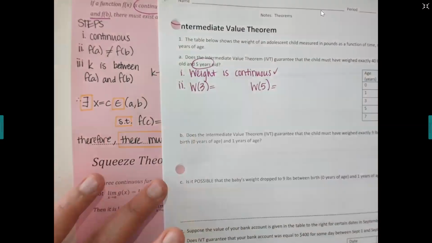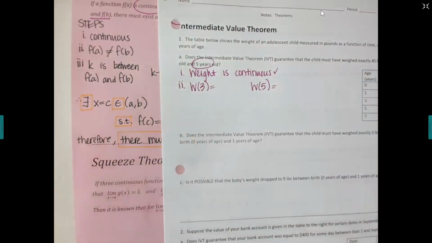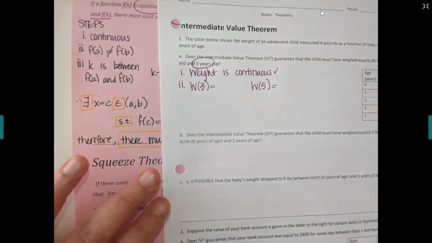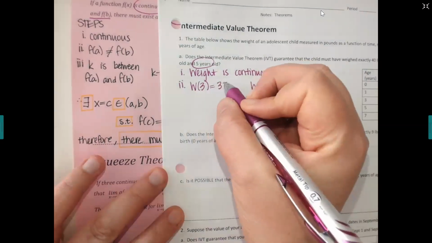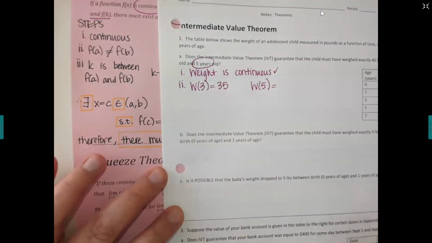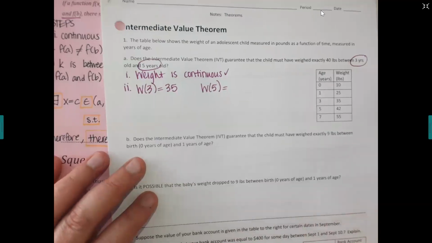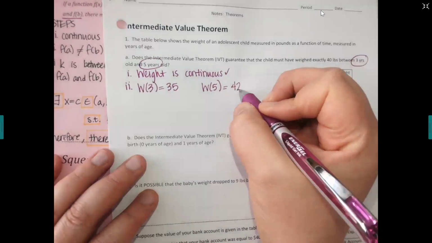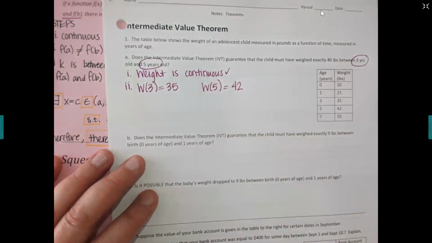And remember, my goal in this step is to make sure they can't be the same. So can you tell me from the chart, how much does baby boy weigh at 3 years old? 35 pounds. How much does he weigh at 5 years old? 42 pounds. Did they come out to be different numbers?